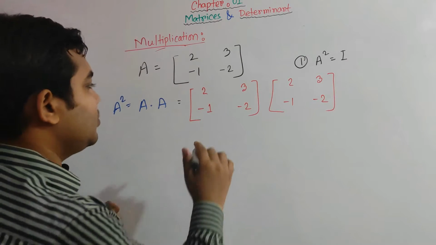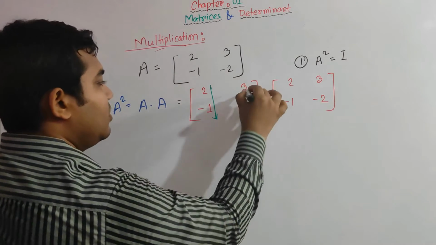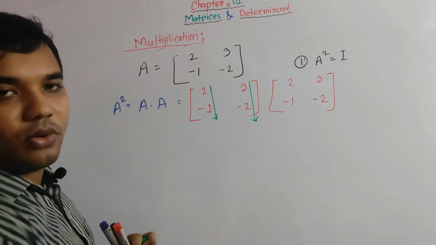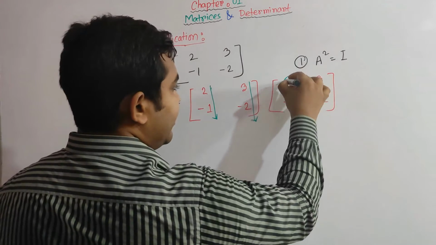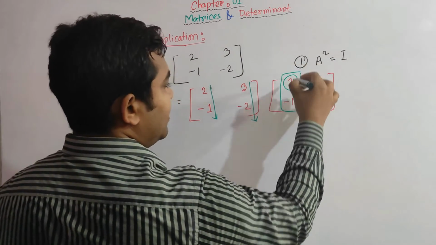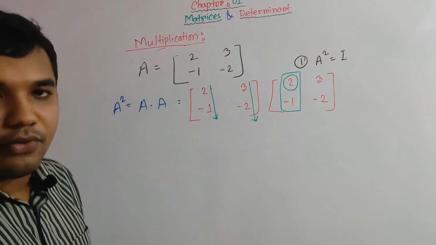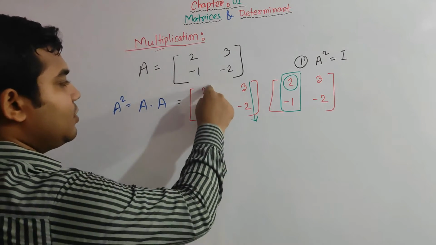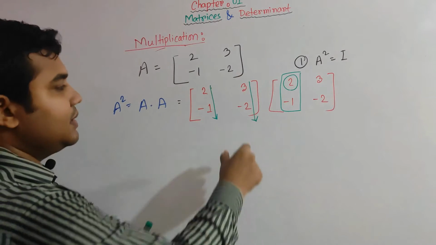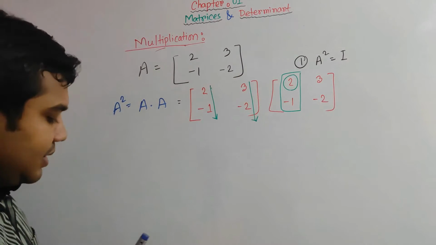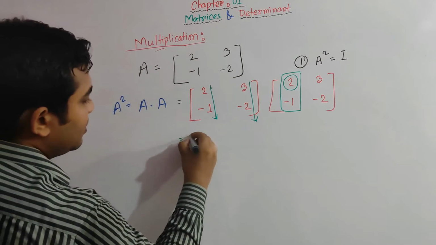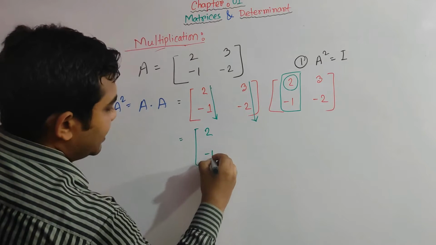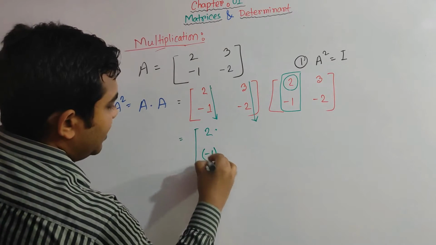Now the multiplication part, I was talking about the ith row and the jth column, and this is our first column of x and this is our first column of y. So what we have to do is multiply this column with this, plus this column with this. So 2 and minus 1 should be multiplied with what?